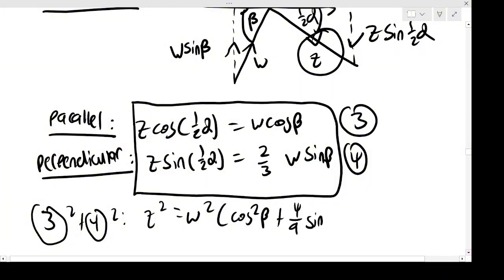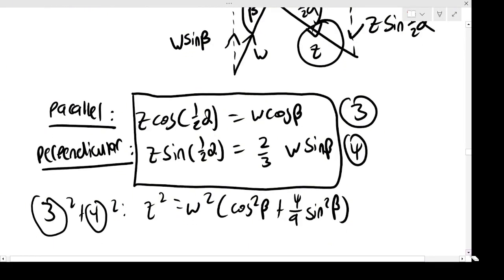Now this won't simplify any further, right? Because I can't use cos squared and sine squared as 1 here because they have different coefficients. So I'm just stuck with this expression here, and we could solve the question using this, if we look at other equations, but it's going to be very fiddly.